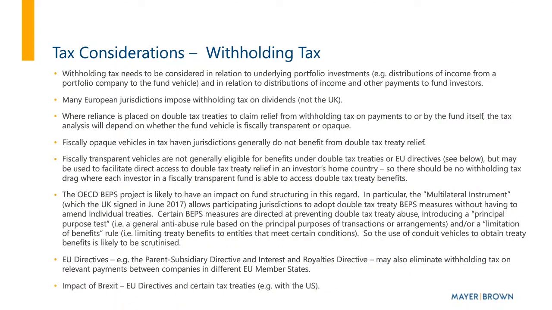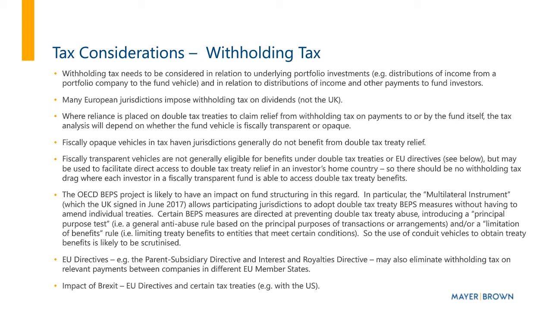So other major tax considerations would be withholding tax. This is where there's withholding tax on distributions from an investee portfolio company up to the fund vehicle. And it will depend on the jurisdiction of the investment portfolio company. Many European jurisdictions impose withholding tax, say, on dividends.